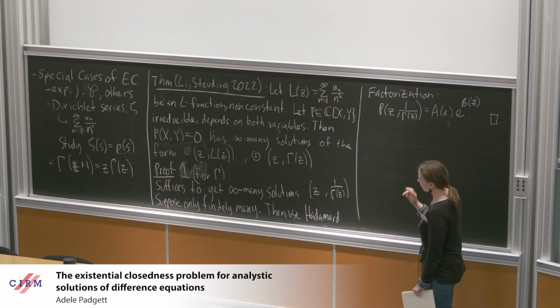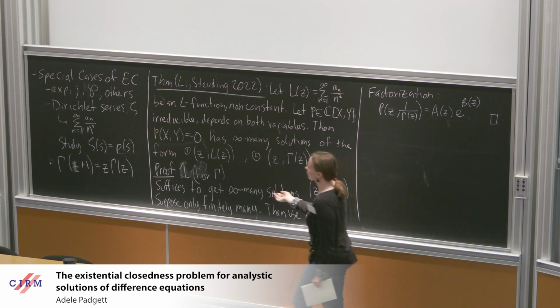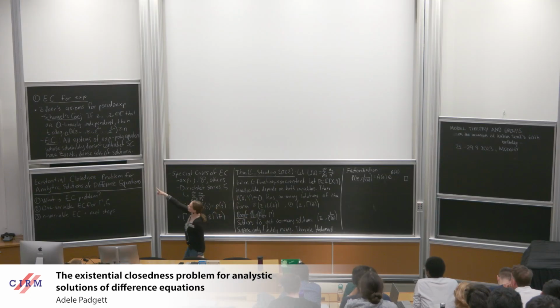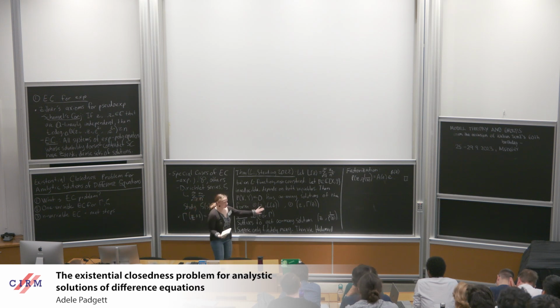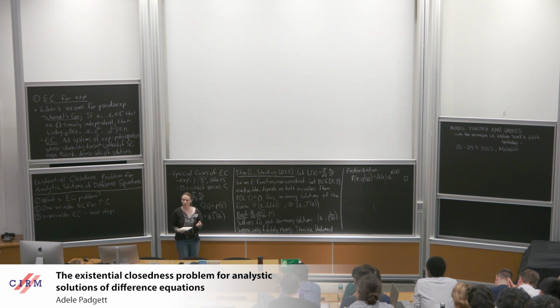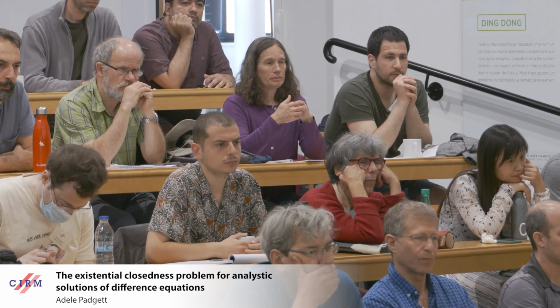And the second thing is that really we want to study systems of gamma or zeta polynomial equations in many variables. And this proof only works for one variable because there's no higher dimensional analog of Hadamard factorization that we could use.